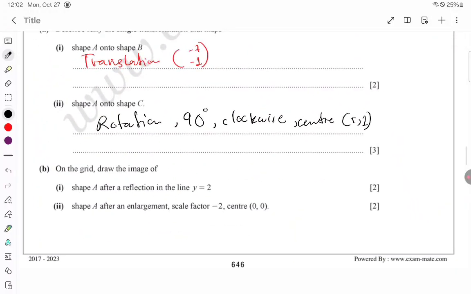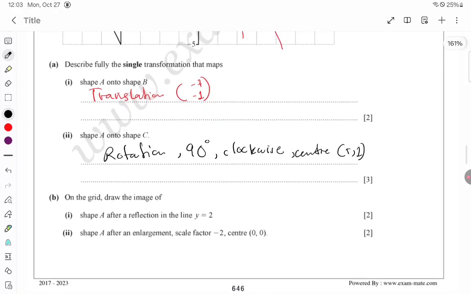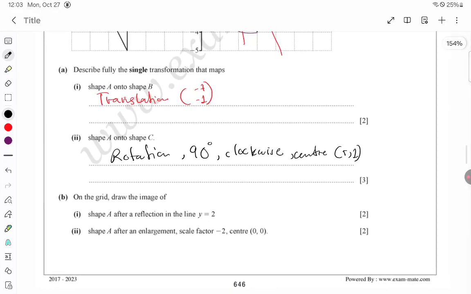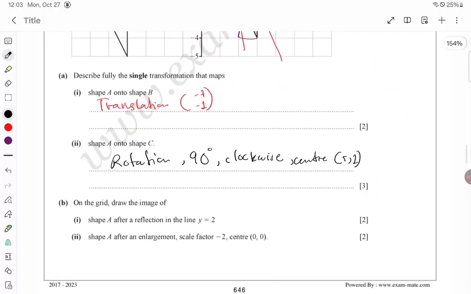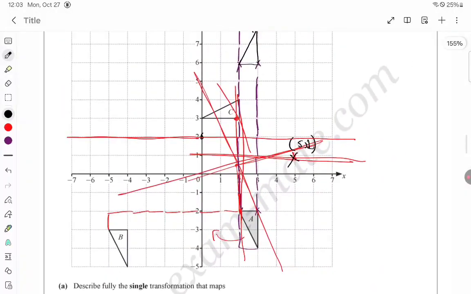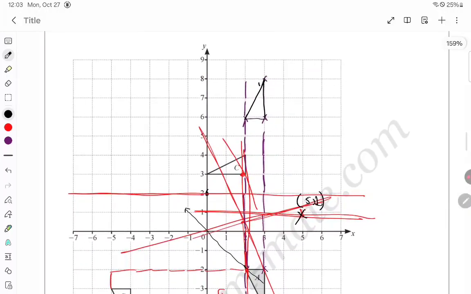On part B, shape A after an enlargement scale factor of -2. The negative sign indicates that it is on the opposite side. For shape A, put your scale and find the opposite side.